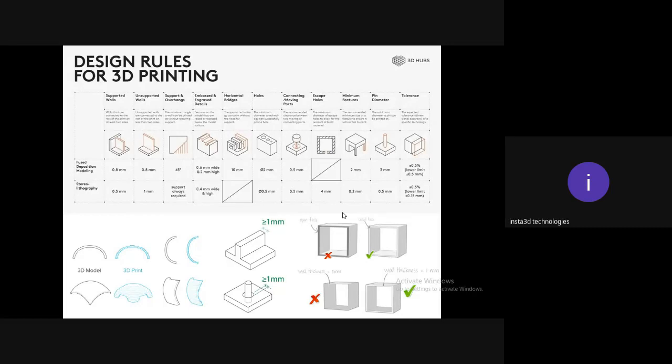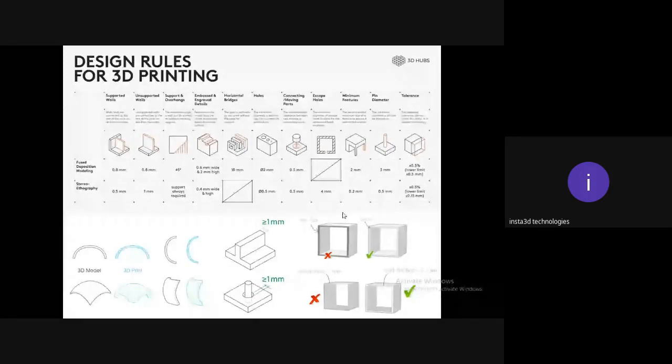We can place service orders on their website, and they will make the object and ship it to us. Based on them, I formulated the design rules for 3D printing.